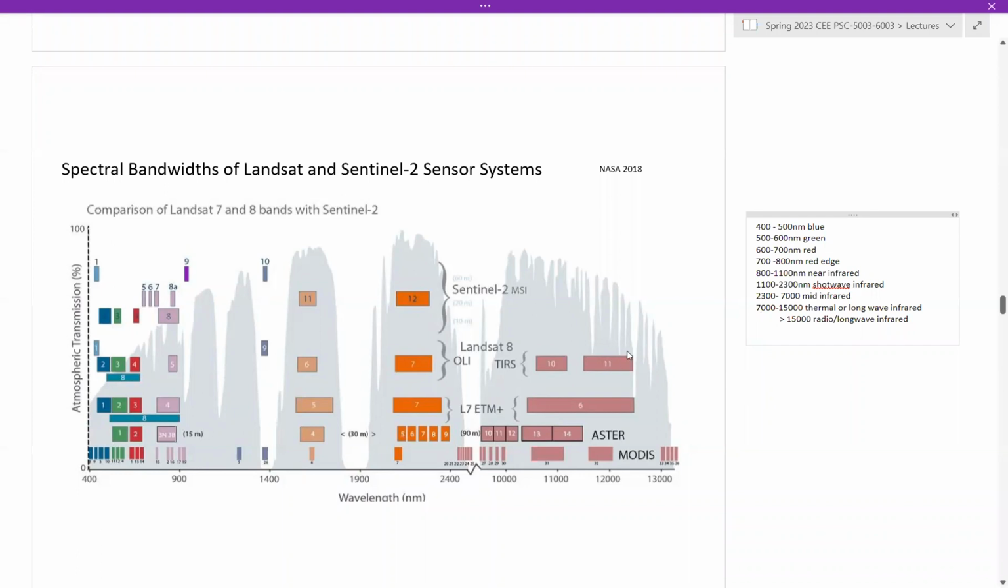So, looking at this chart, we have the blue color here in this figure representing the blue region, the 400 to 500. Different satellites are going to capture those bands.